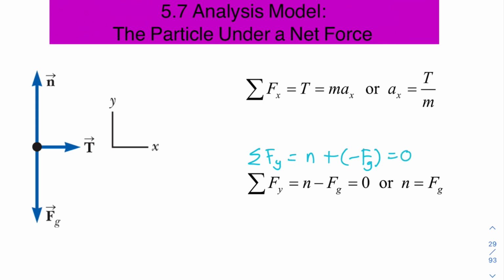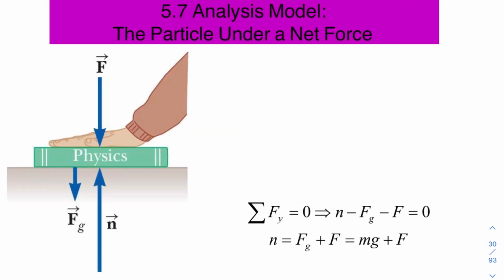How come? Because there is no motion along y. The motion is only along x. Remember, the a only exists in terms of the x component. That is why we know that ay is 0.